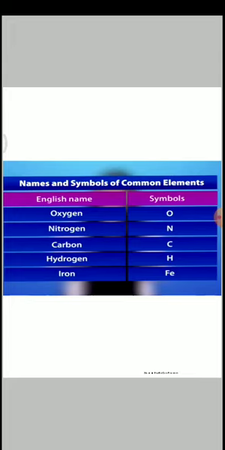The abbreviation of the name of an element made using its initial letter or letters is called the symbol of that element. So a symbol is a short form of representing an element.